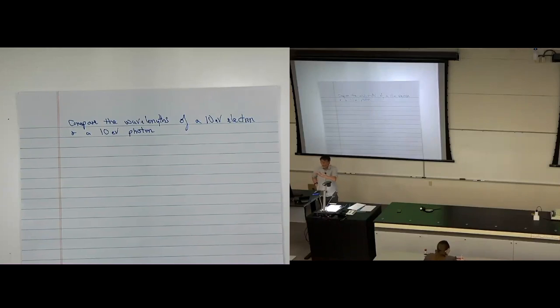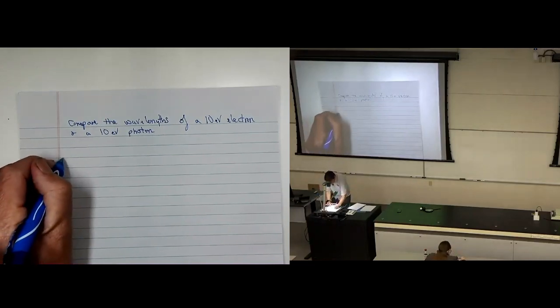Could we use a soap bubble to look at the electron interference? Or do we need a crystal if it's 10 electron volts? Can we use a soap bubble or a crystal to look at the photon with its 10 eV? So let's try and find the wavelengths of these two things.